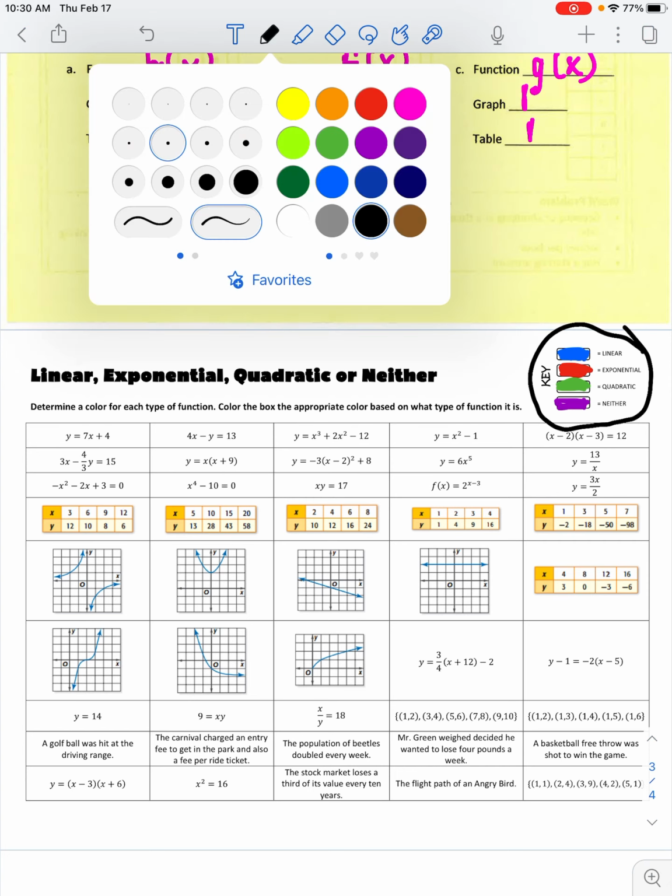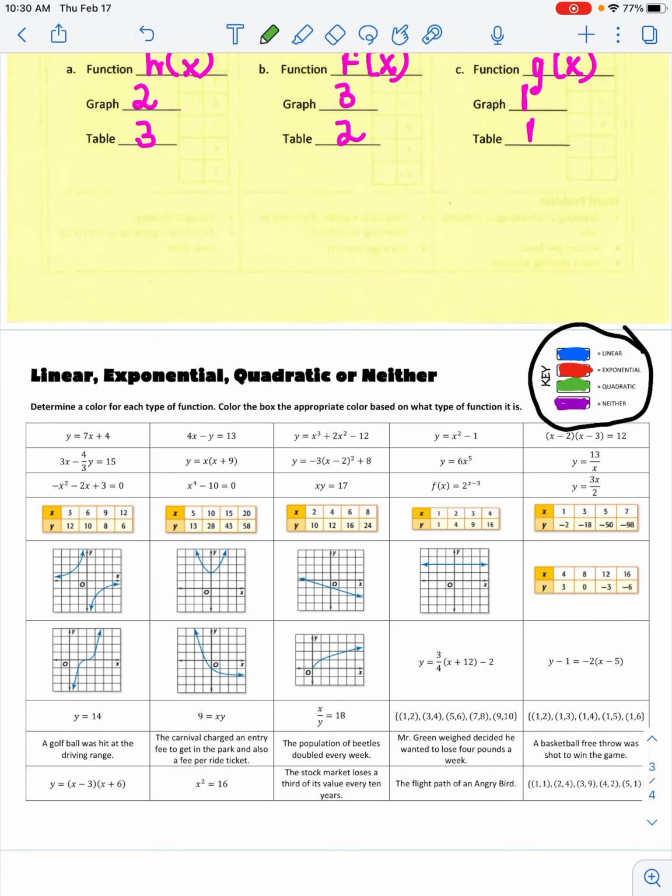And so let's say I'm looking at quadratic. I can look at my equations and see where I might have a quadratic model. So this is a quadratic model, so I could color this square in green. Then if I'm looking at a graph, this graph right here looks quadratic, so I could color that. Of course, I could be neater, but you get the idea. And for each of these, you've got to color it in one of the 4 colors. So it's a coloring assignment, shouldn't be too tough.